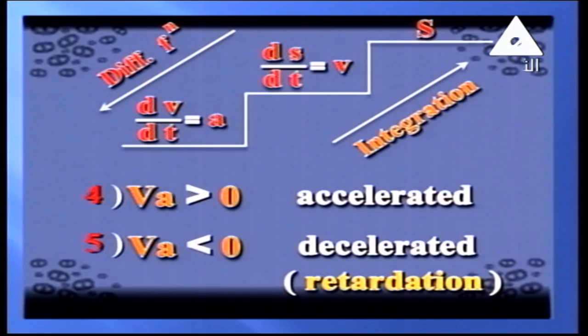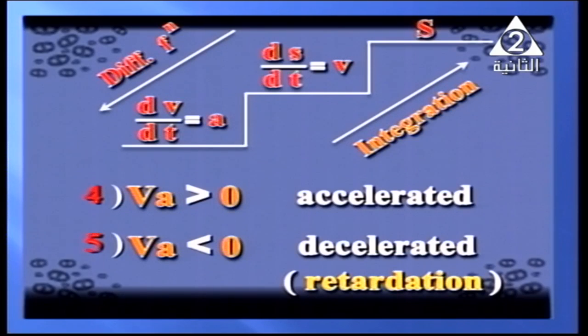To prove that the motion is accelerated, we prove that the product of V and A is more than 0. How to get V times A more than 0? Maybe V is negative and A is negative. Negative times negative equals positive. When the velocity is negative 10, as an example, and acceleration is negative 5, negative 10 times negative 5 equals 50. 50 is more than 0. This is accelerated motion.